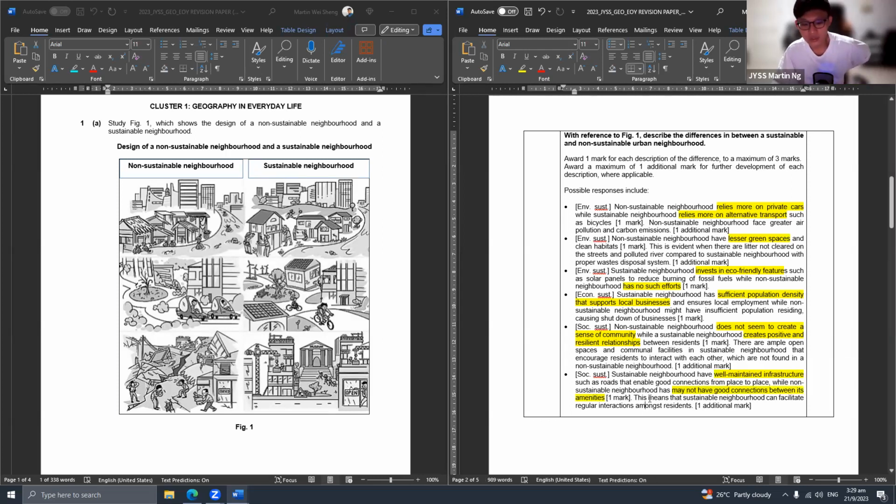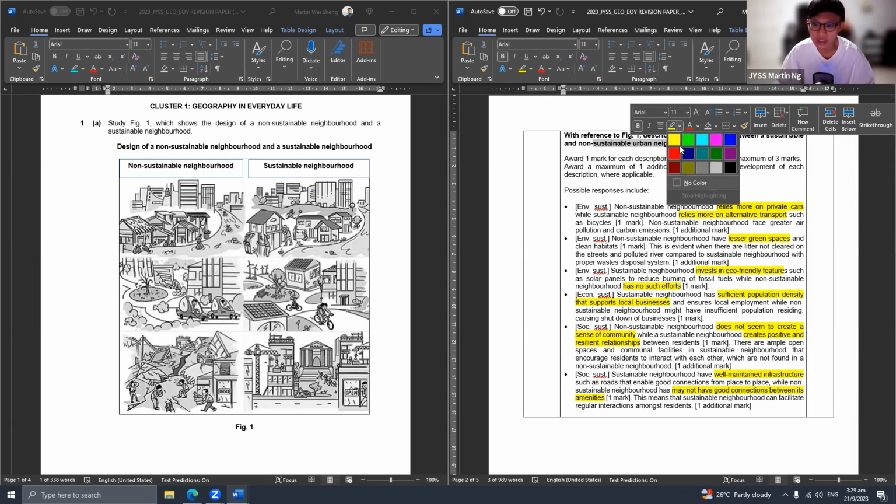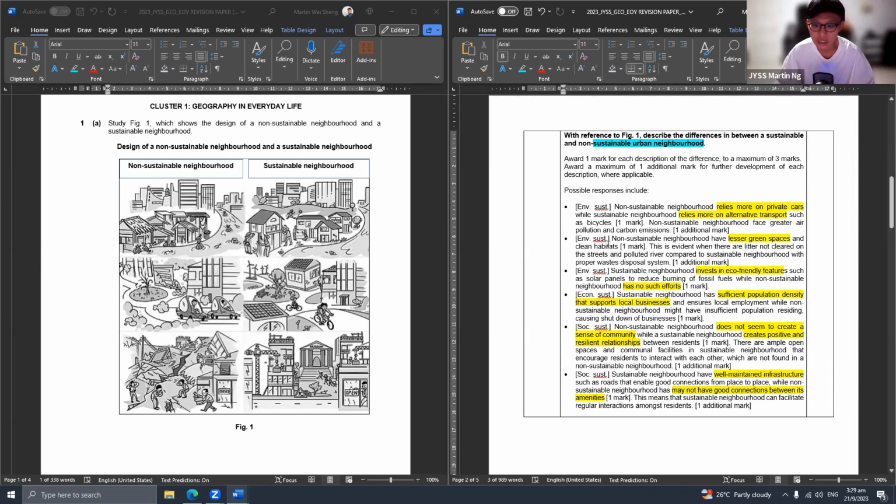So this is a very simple question whereby you look at the stimulus over here and then you link it to your knowledge in the textbook. And in this case, we link it to the portion on what is a sustainable neighborhood and the characteristics of a sustainable neighborhood.